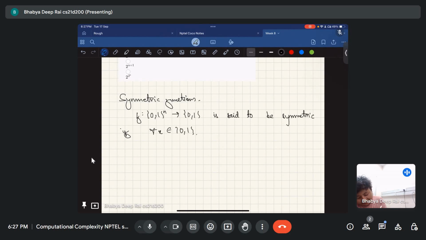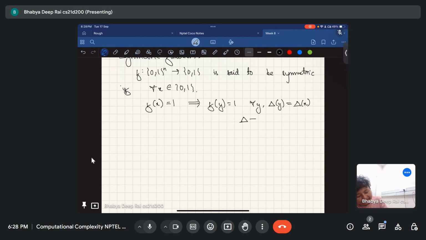So that for all x in {0,1}^n, if f of x is equal to 1, then f of y is equal to 1 for all y where the Hamming weight of y is equal to the Hamming weight of x.